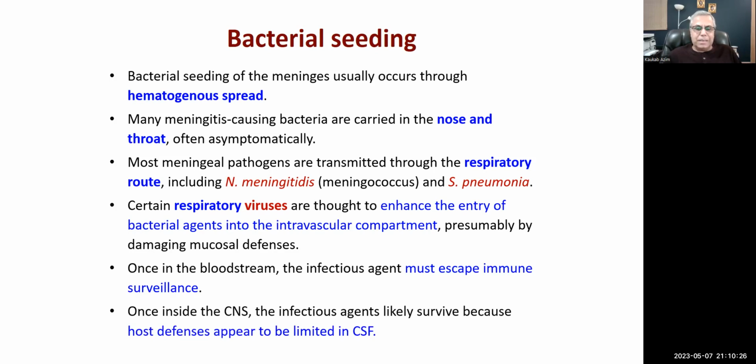Once inside the central nervous system, the infectious agents likely survive because host defenses appear to be limited in the CSF. We said that the immune cells find it difficult to cross the blood-brain barrier. So that is why these organisms, once they are in the subarachnoid space, have an opportunity to divide and spread unchallenged, because there are not many immune cells over there.